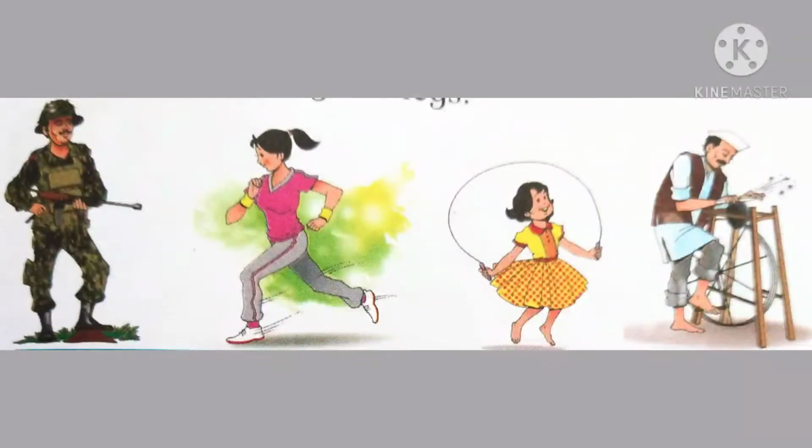Our toes too can bend, but not as much as our fingers. Okay, children? We use our legs too for several purposes. We use our legs to stand, we walk and run, we climb up and downstairs, we hop and jump, we work some machines too using our legs.